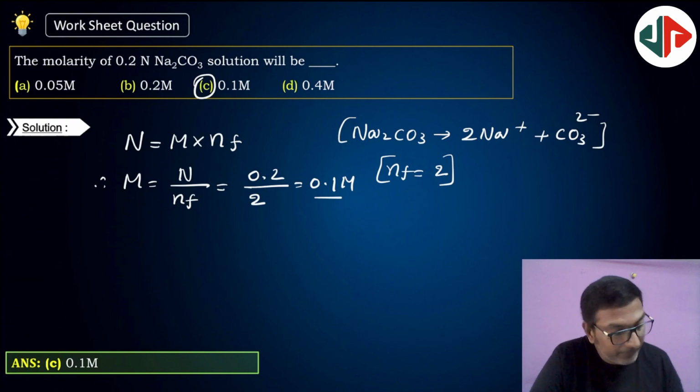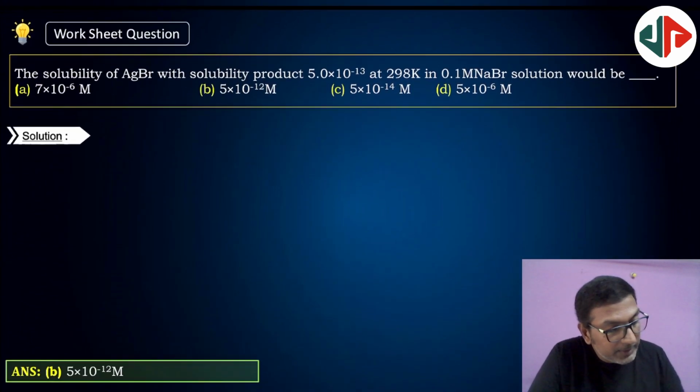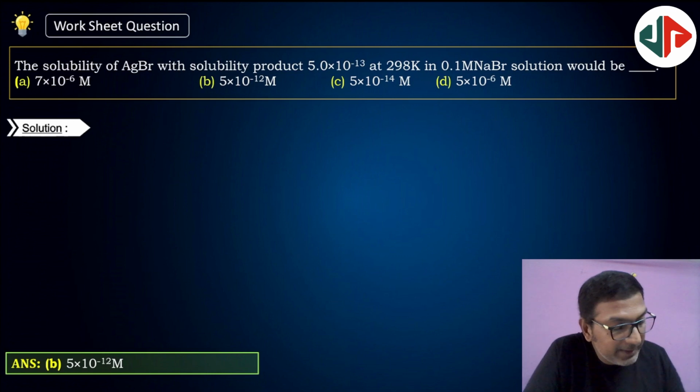Next, the solubility of AgBr with solubility product 5 into 10 power minus 13 at 298 kelvins in 0.1 molar NaBr is.